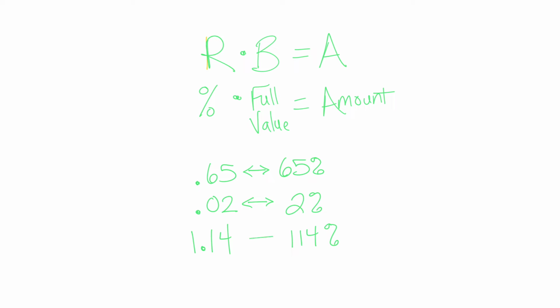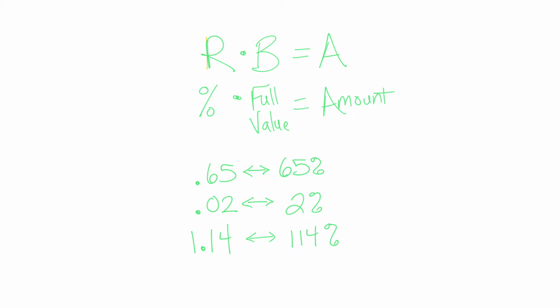Now, what's worth noting here is that if you take 100% of something, you've taken all of it. So if you're going to take 114% of something, then you're taking more than all of it, which means up here on this formula, if you took 114% of your base value, the amount you have would be higher than the base value you had because your percent was over 100.